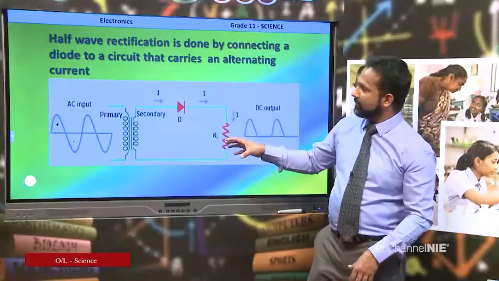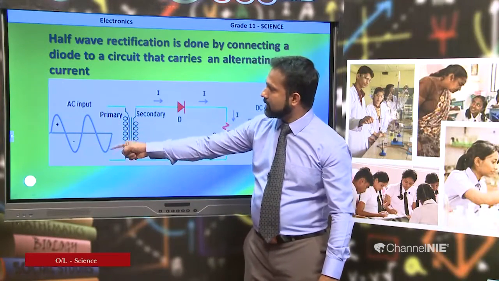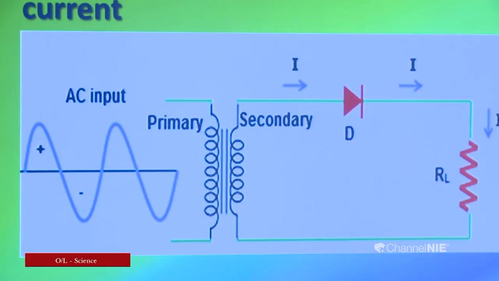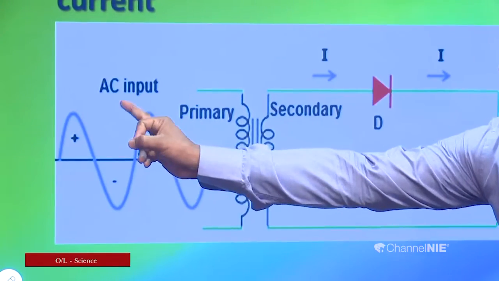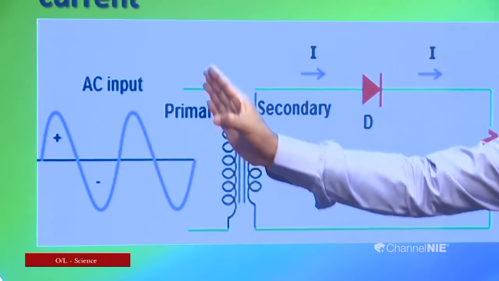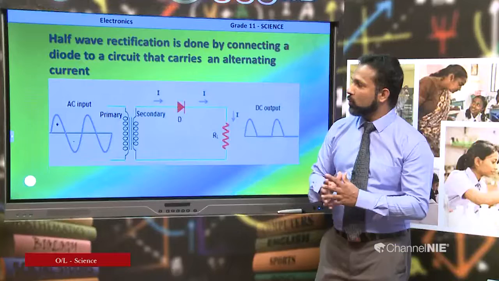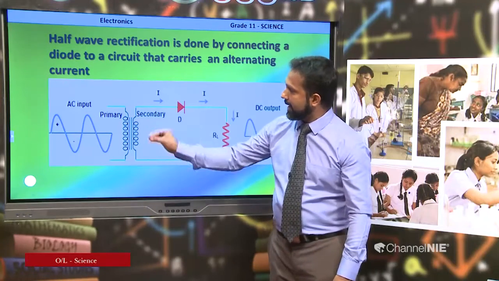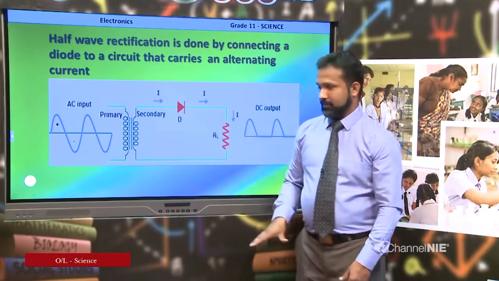You can see here, this shows the graphical representation of the alternating current input. As I told you earlier, it consists of positive half, negative half, positive half, negative half. This sinusoidal wave consists of alternate positive halves and negative halves. Then we connect the AC input to a transformer.